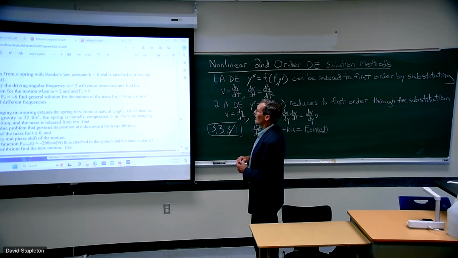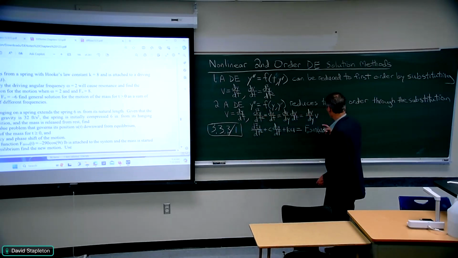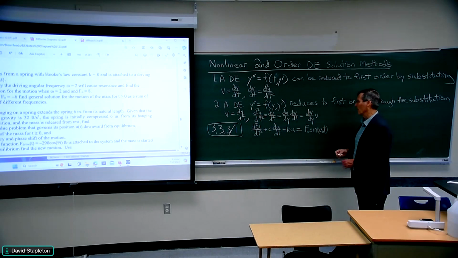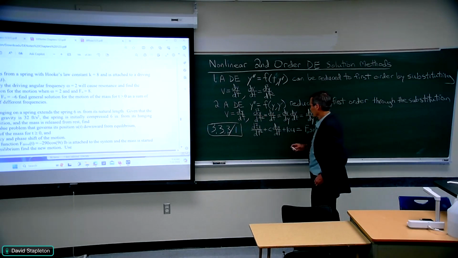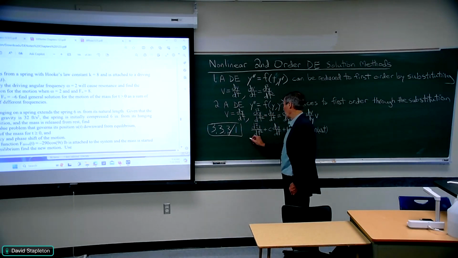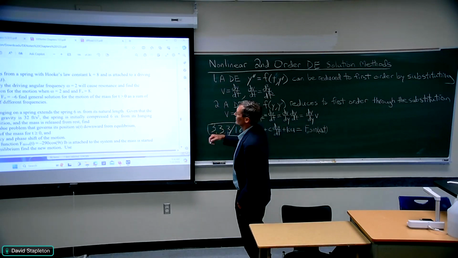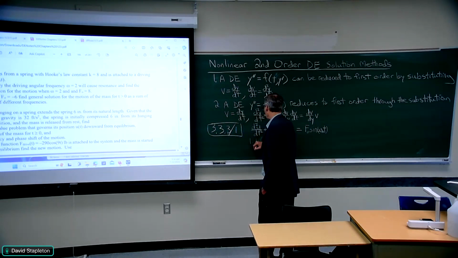And the idea is that resonance occurs when the angular frequency of the applied force, omega 0, is equal to the natural frequency of the system without the force. So what we'll do is solve the homogeneous problem. And we've got to put in the letters here too. It's a 2 kilogram mass and a constant K equals 8.